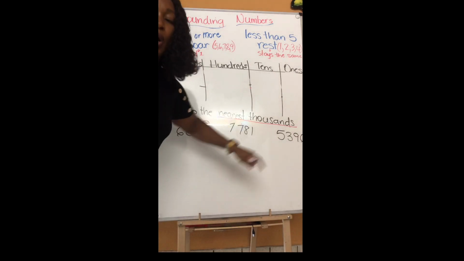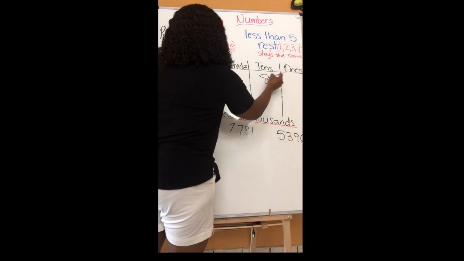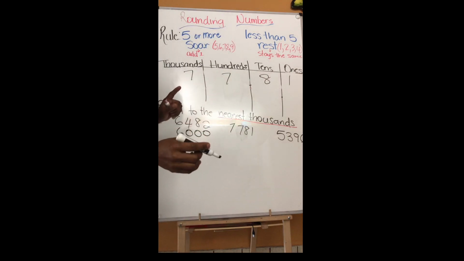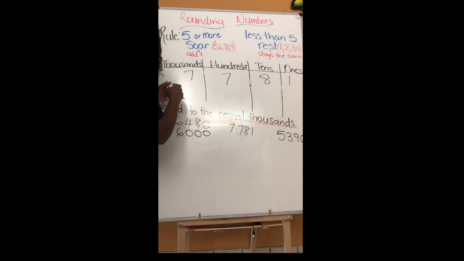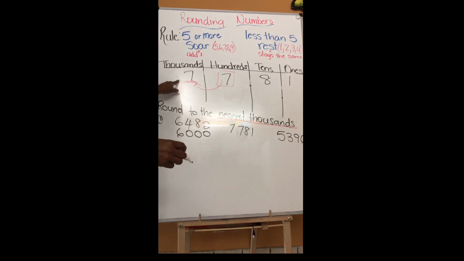And then this one, it's on your own. So 7,781. Go ahead. Let me hear you. What do I underline? This one? Oh, this one, because it is in the thousands, please. Good job. Which one do I box? Yes, I'm boxing 7. So the boss will tell the 7 to do what?